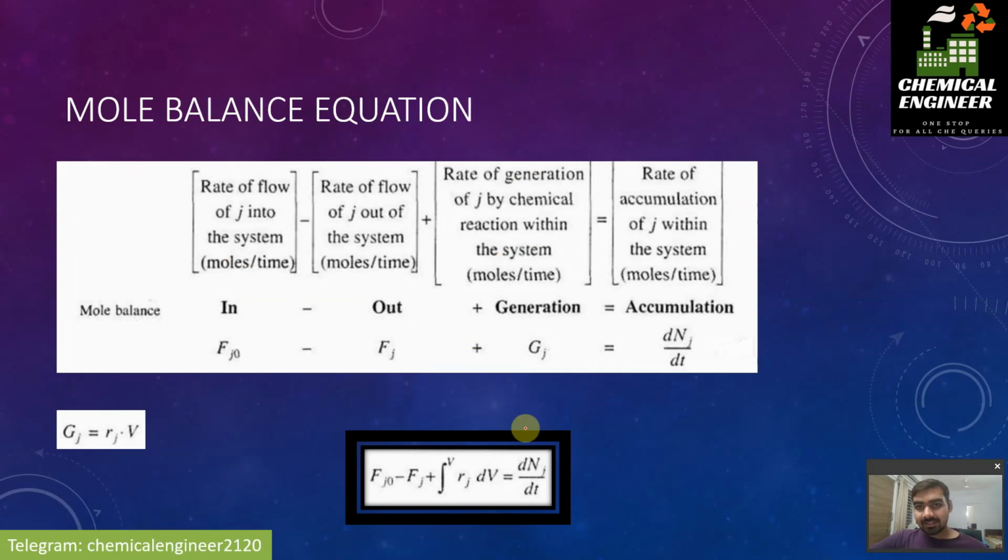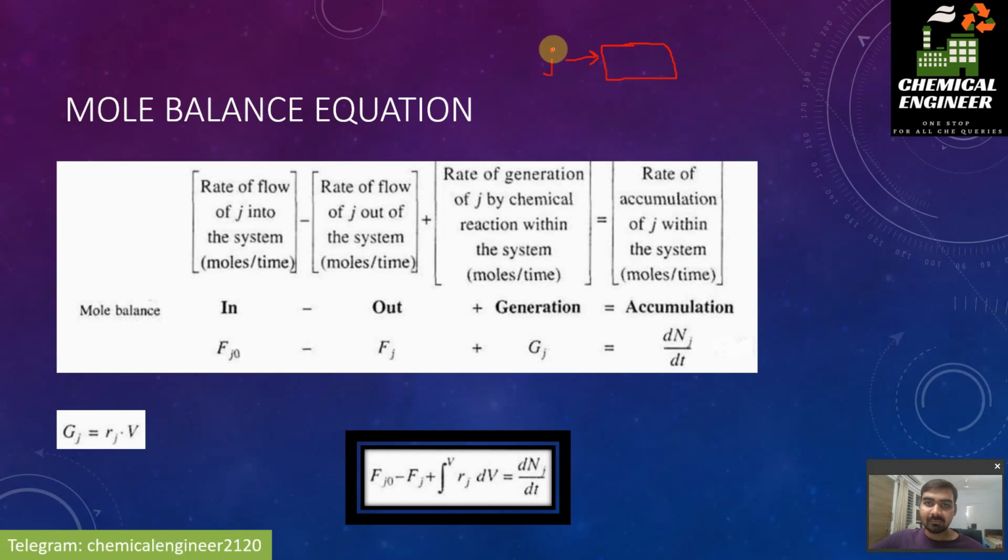Now the second last topic of this video is mole balance. Mole balance is nothing but, if you know the mass balance, the same thing is applicable in mole balance. Now suppose we have some system, and some product we are giving.